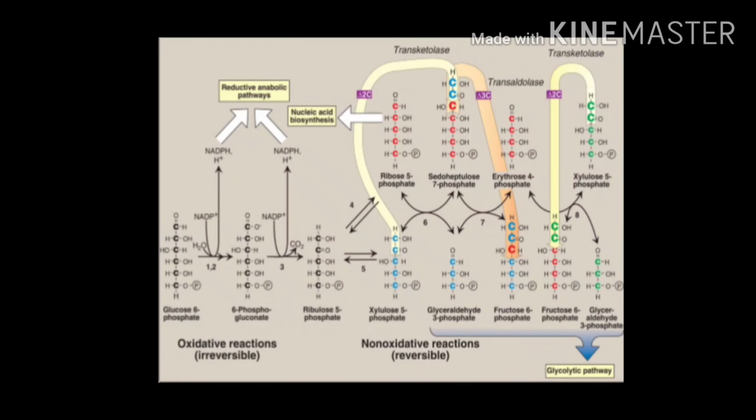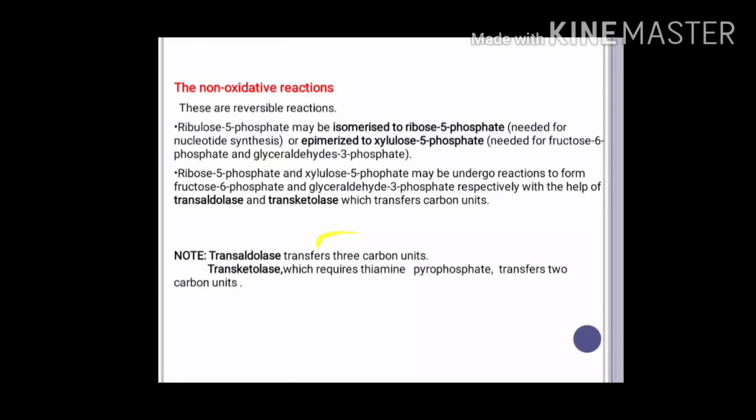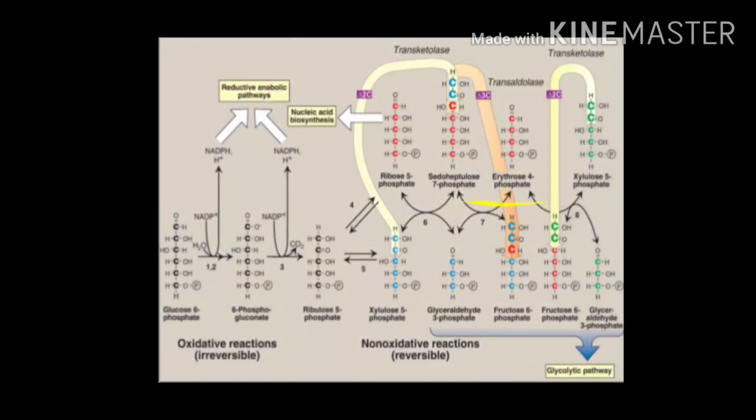And pseudoheptulose is converted into erythrose 4-phosphate. For this transfer of 3 carbon atoms, the enzyme required is transaldolase. As we have seen, transaldolase transfers 3 carbon units. The fructose 6-phosphate that is formed enters the glycolytic pathway.